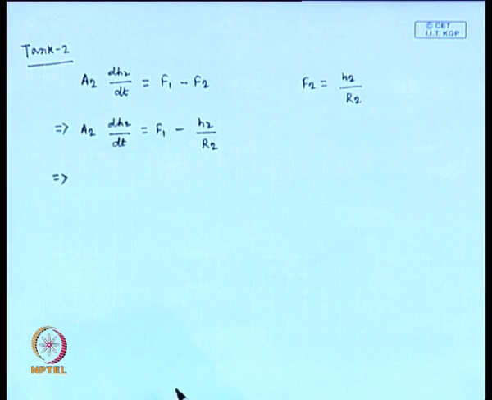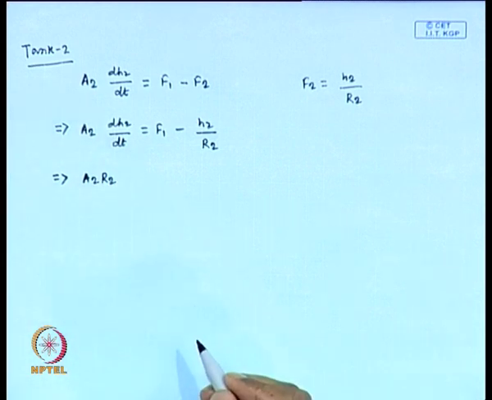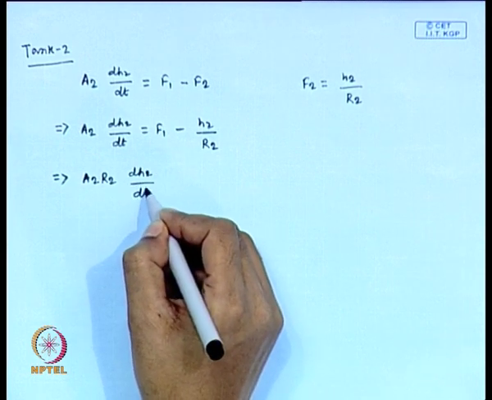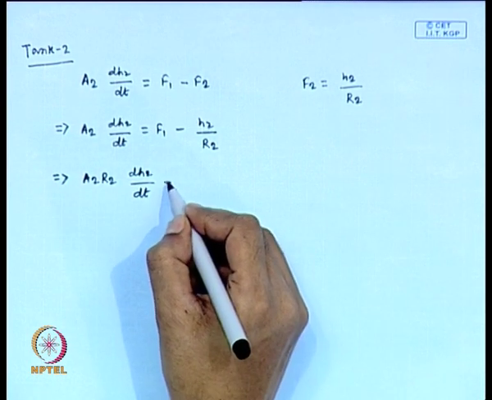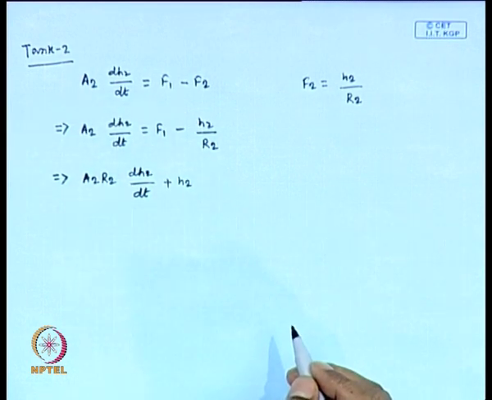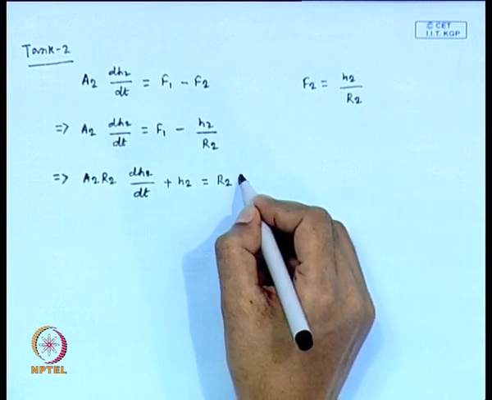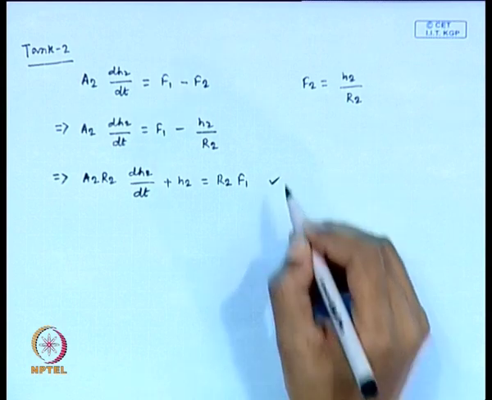Multiplying both sides by R2 and rearranging, we get A2R2 dH2 dt plus H2 equal to R2 multiplied by F1. Fine. Multiplying both sides by resistance R2 and rearranging, we get this equation.